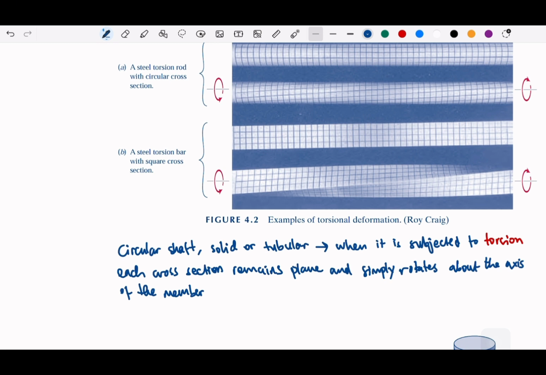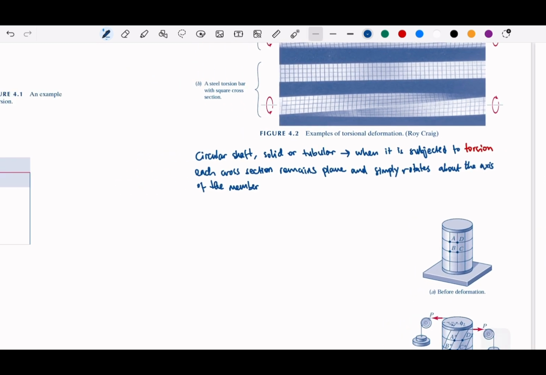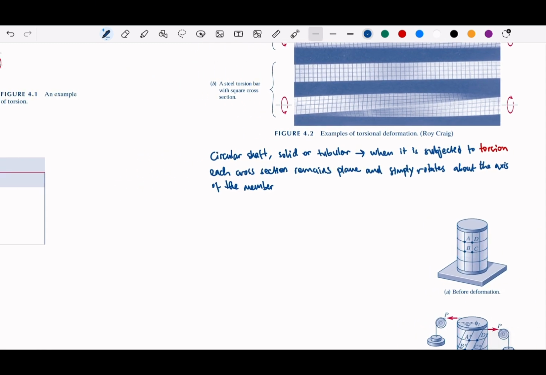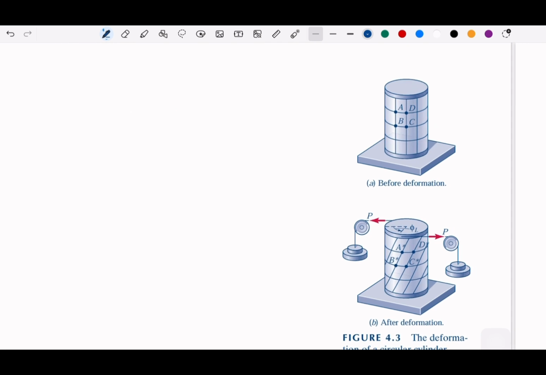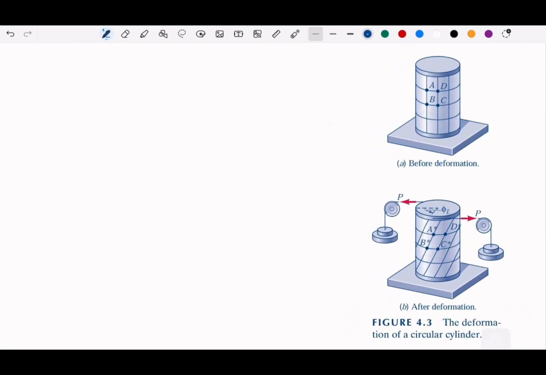Because of that, we can develop the theory of torsion for circular members. If we imagine the cylinder with deformations because of the torsion, we have this picture.